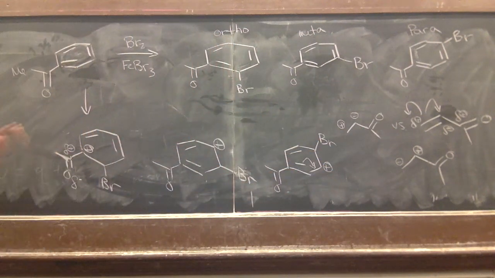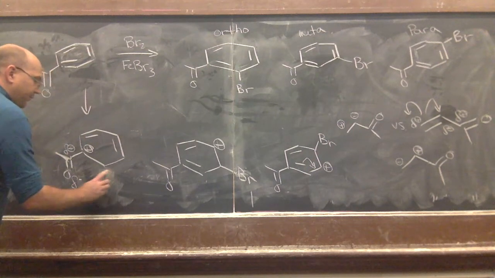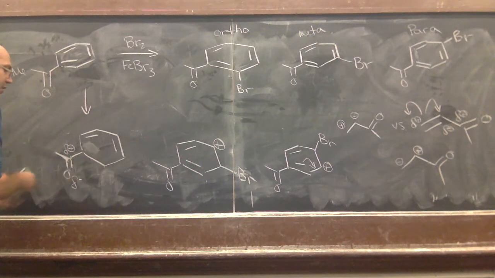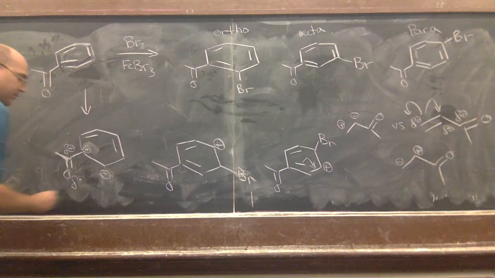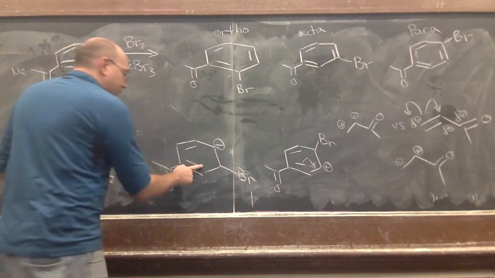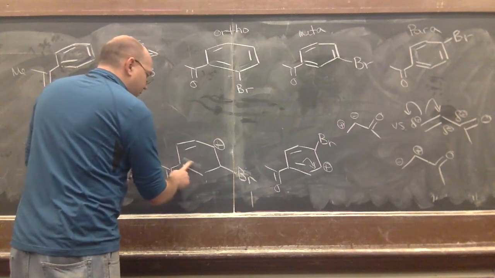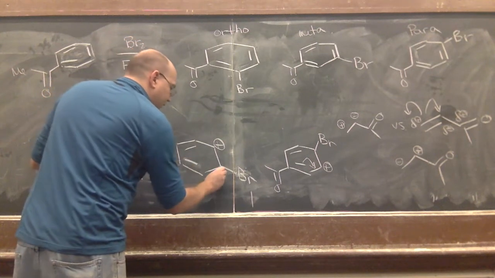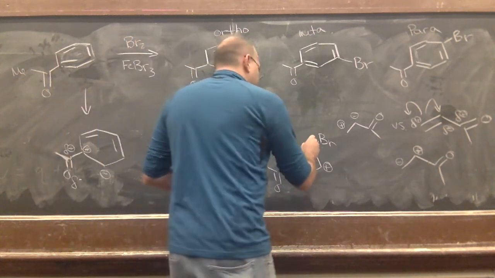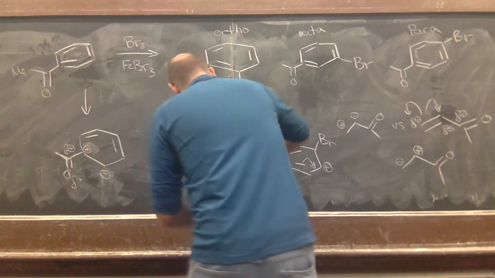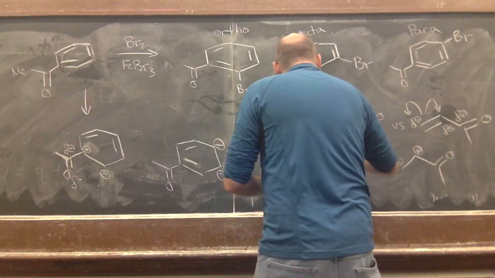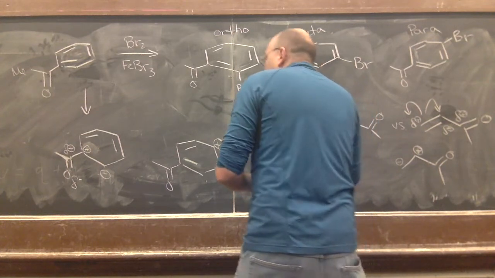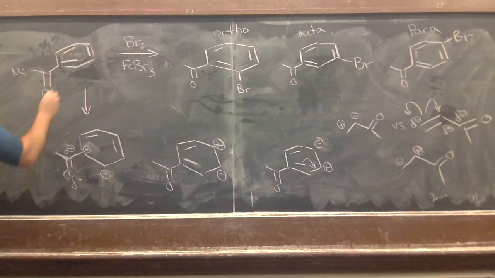So instead of just protonating the molecule right off the bat or brominating the molecule right off the bat, we can think about the electronics of this system. And instead of actually brominating, you see what I'm doing here? I'm simply moving the electrons.